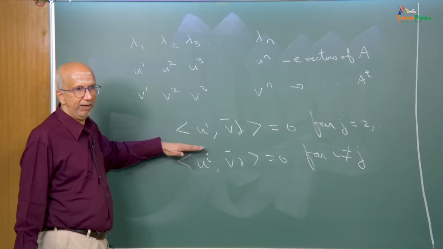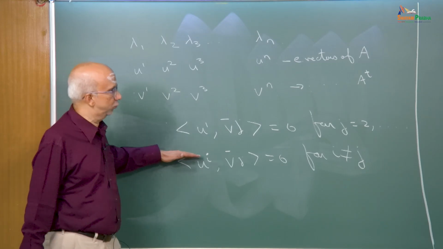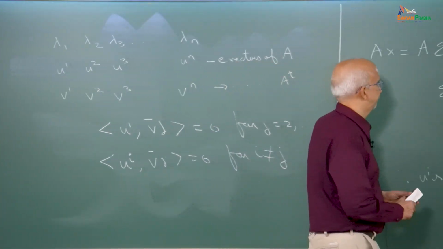And this is what we have to use, this biorthogonality is used for finding the beta i.